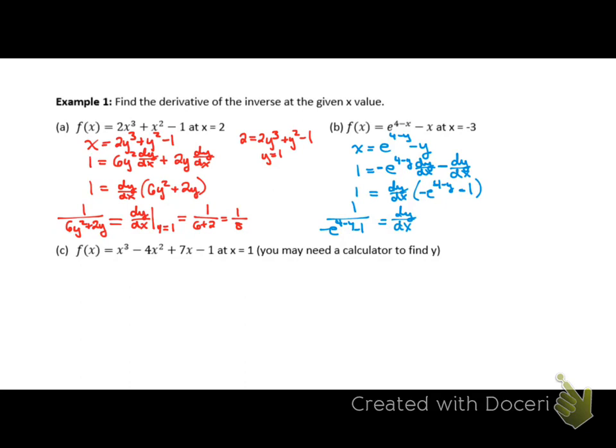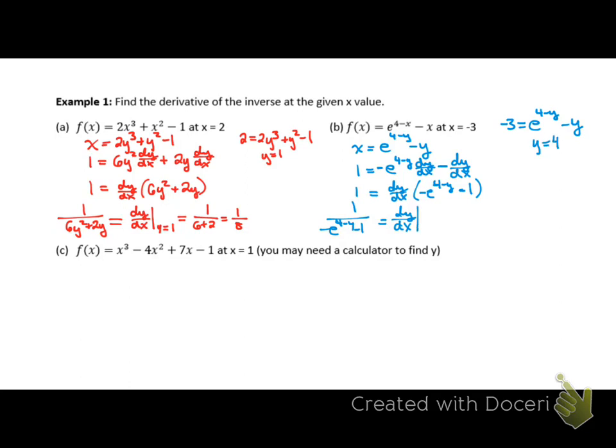So negative 3 equals e to the 4 minus y minus y. Well, in order for x to even be a whole number by itself, e would have to go away. And the only way for e to go away is if y is 4. So if y is 4, then we have 1 minus 4, which is negative 3. So y equals 4. That's the only thing that would satisfy this.